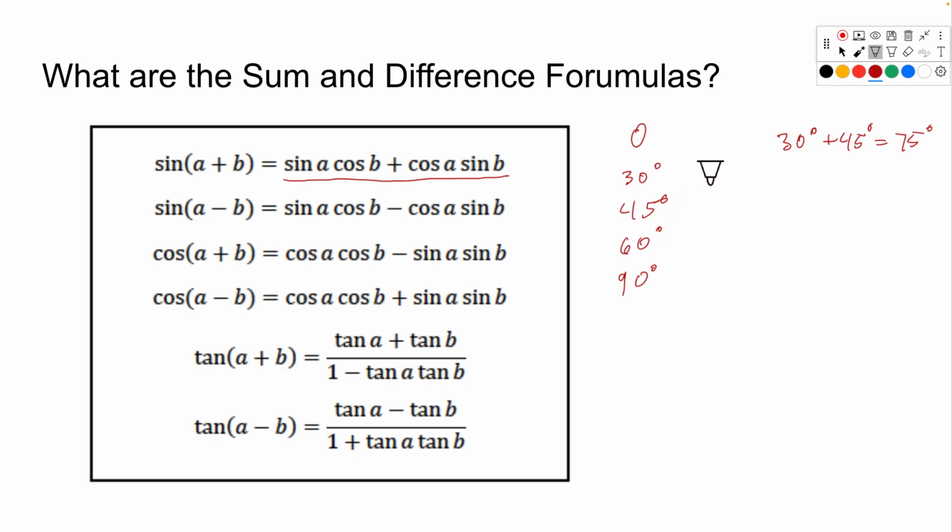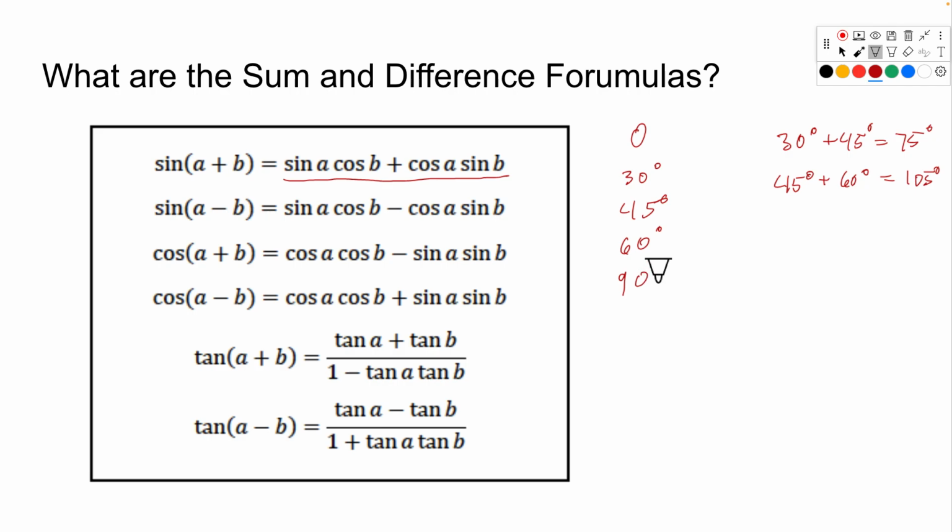What else could we do? Well, we could add 30 and 60, but that gives us 90, so that's not helpful. But we could also go with 45 degrees plus 60 degrees. So now we can do a 105 degree angle. We can get an exact value for that if we needed it. We could also use these for other things, but that's basically what we're going to use it for.